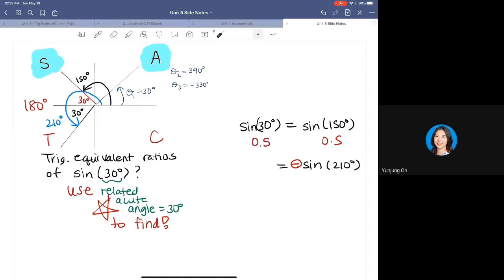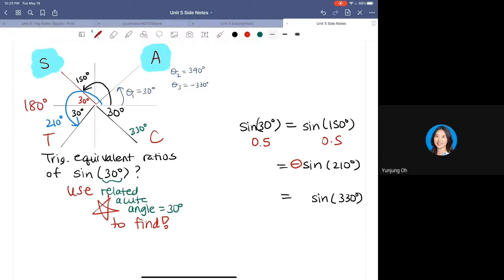I'll do one more example just to hit it home. If I draw another angle over here, and the related acute angle is 30 degrees, that means that angle is 360 minus 30, which is 330 degrees. It's really messy, I have to fix it up. That's sine of 330 degrees, and what do I have to do in front of sine 330?